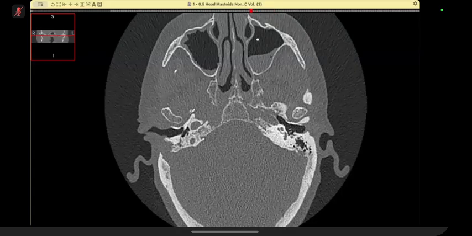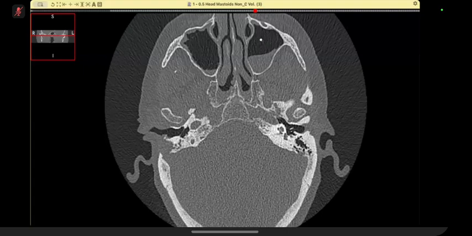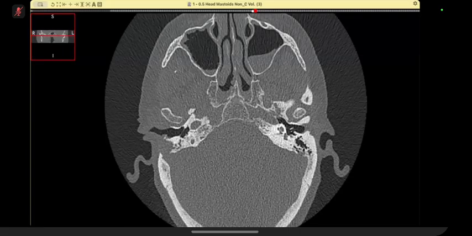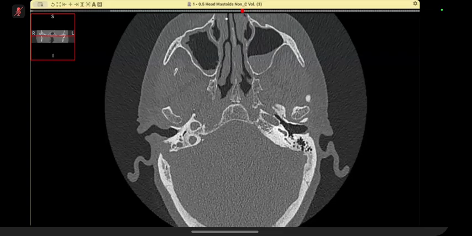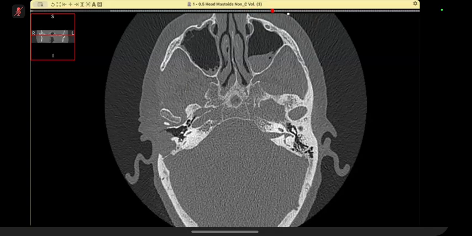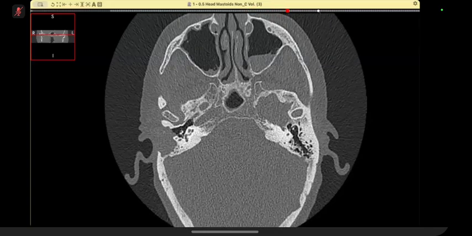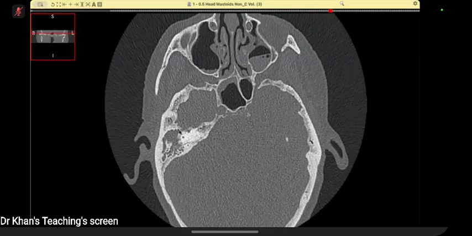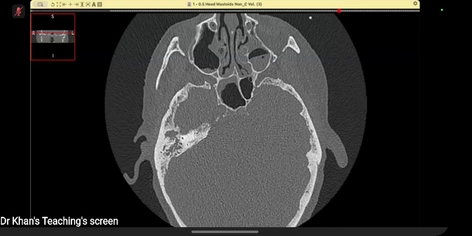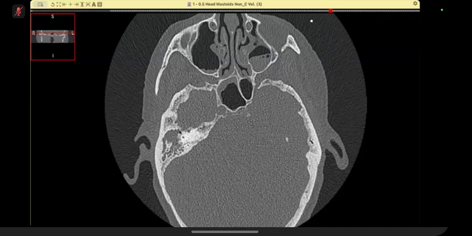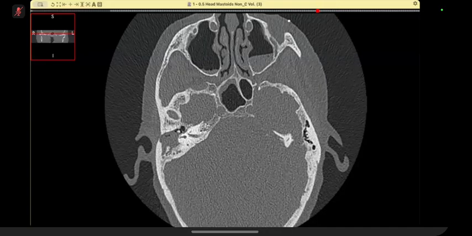The ossicles. I can see the tympanic membrane. Appears normal. So this looks like a destructive lesion.